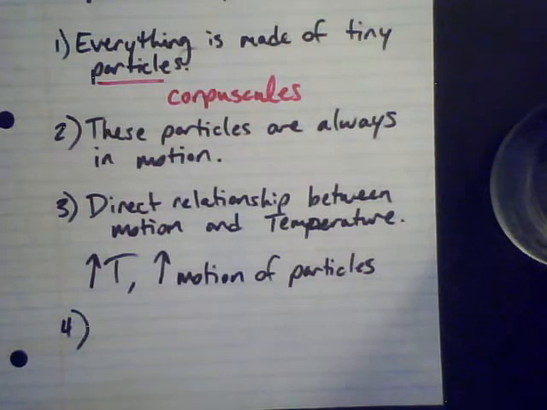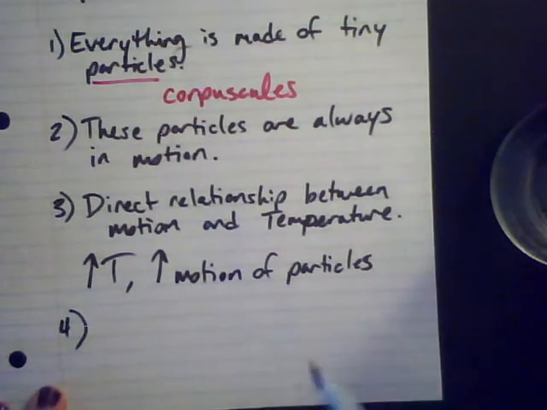Okay. The fourth thing that comes out of kinetic molecular theory is about the different phases of matter, states of matter. And it says that how free these particles are to move around, so this is related to the motion of these particles, how free they are to move around impacts what phase of matter they're in.